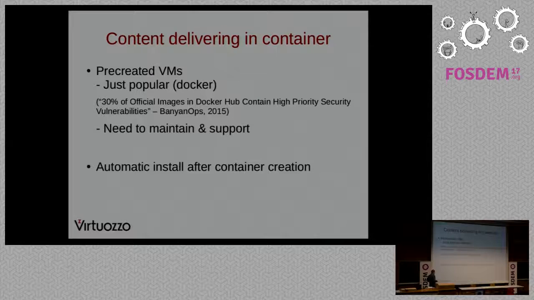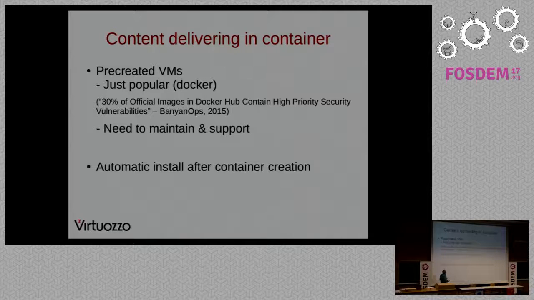How can users get various pre-created VMs? I'm talking about templates. For example, if you want a distro like Ubuntu with Apache or with a Redis database or with Mongo or something else, there are several ways to deploy it.